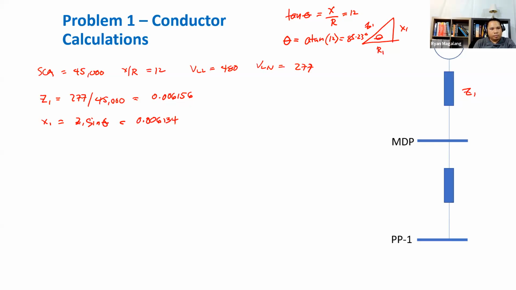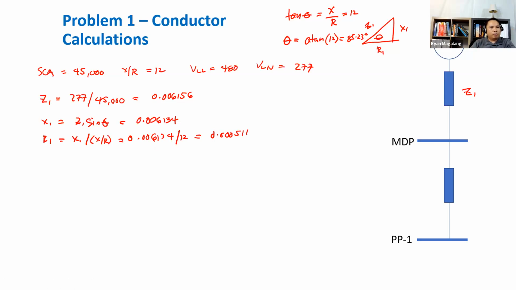We'll just shortcut it in the interest of time. R1 in the same manner can be obtained by, well, you don't have to use a trigonometric function. We'll just divide X1 by the X over R ratio. So that means our R1 is simply this value, and they are very small numbers.